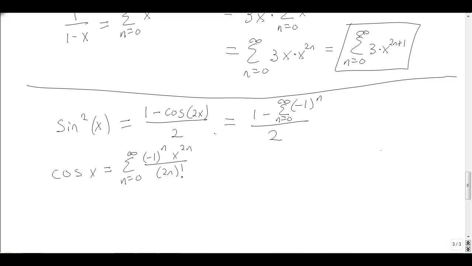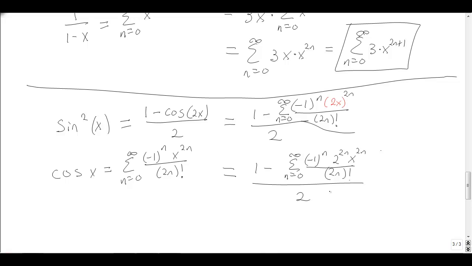Now instead of x to the 2n, I get a 2x to the 2n over 2n factorial. That's all over this 2 here. So I get 1 minus sum n equals 0 to infinity, negative 1 to the n, 2 to the 2n times x to the 2n over 2n factorial, whole thing over 2.